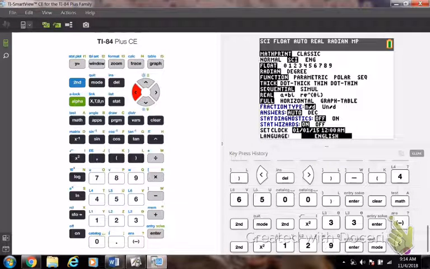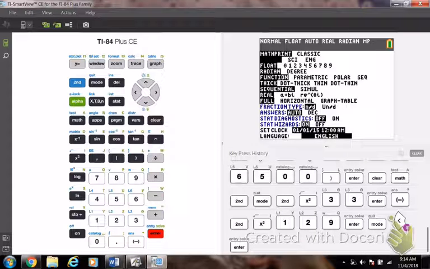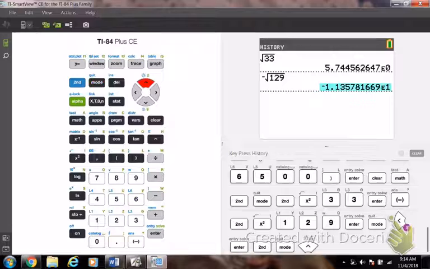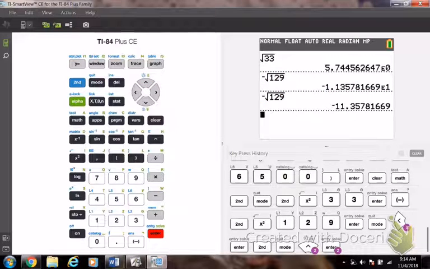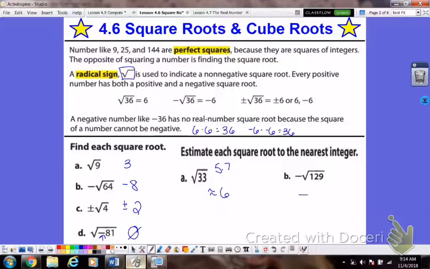Remember, we go to mode, we look at the second line here, we want the normal. We go back. Now, if I just go back up and highlight this, I'll give you my answer again, this time not in scientific notation. So negative 11.3, that would round down, so approximately negative 11. So just watch what mode we're in so you don't have to keep retyping everything.